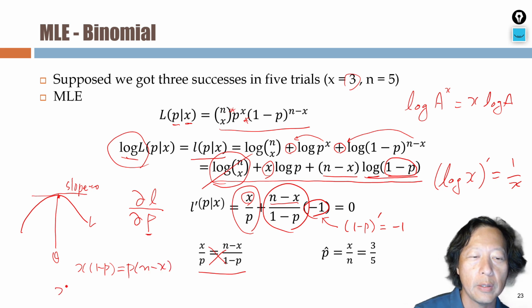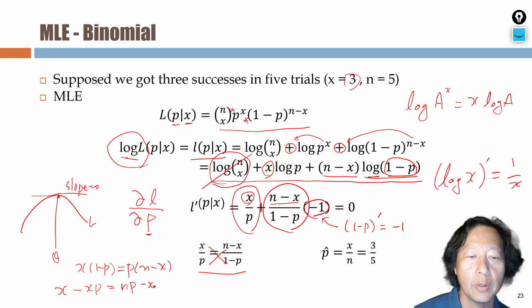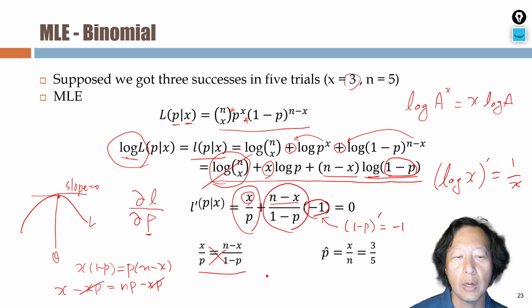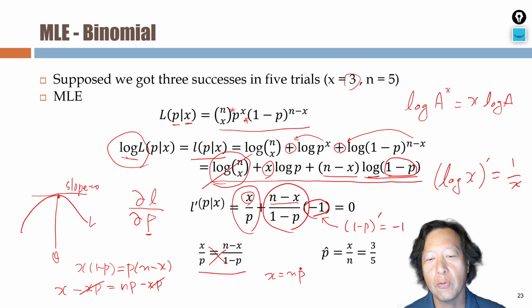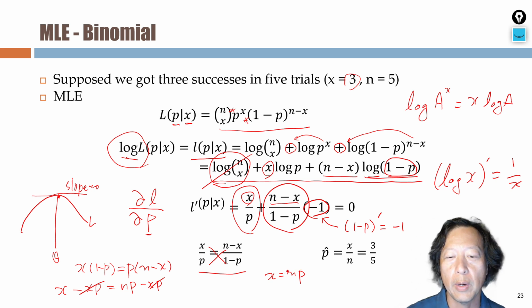If you expand it, it's x minus xp equals np minus xp. Both sides have xp, so you can just delete it, and you get x equals np. I'm trying to find out what p is, so you divide both sides by n, and you get p. The estimator will be x over n.